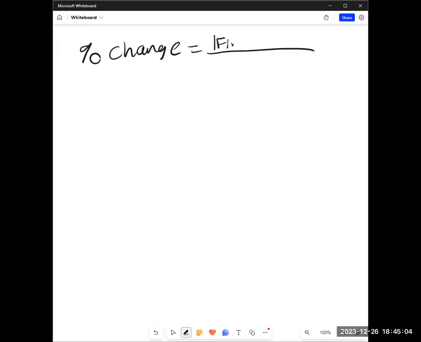And there's a couple different ways that they can write this formula, with reference and experimental value and so on.